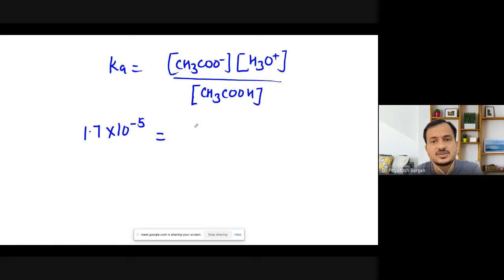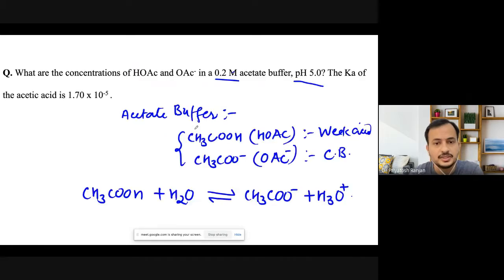What is the concentration of CH3COO minus going to be? Now remember, the concentration of CH3COO minus will depend upon how many protons are getting released from this acetic acid. So we can consider at the initial time point, the concentration of this acetic acid was 0.2 molar. I'm not bothered about the water, and the initial concentrations of acetate and hydronium ion are going to be 0.